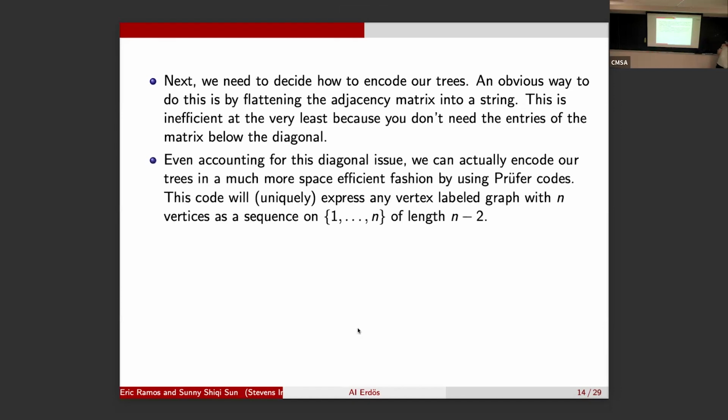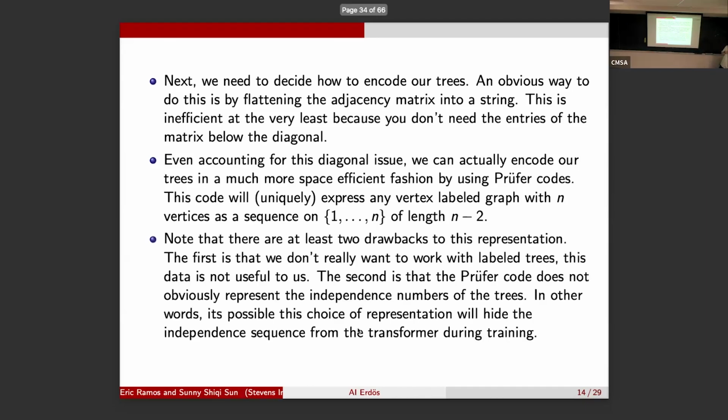But even accounting for this, we can encode our trees in a much more space-efficient fashion using Prüfer codes. A Prüfer code is a sequence on the alphabet 1 to n, whose length is n minus 2. It's a well-known fact, due to Prüfer, that these sequences are in very natural bijection with labeled trees on n vertices. By a labeled tree, I mean a tree with n vertices where each vertex is labeled with 1 to n.